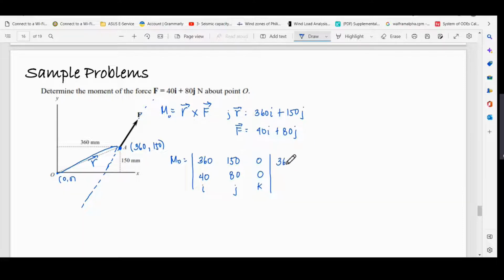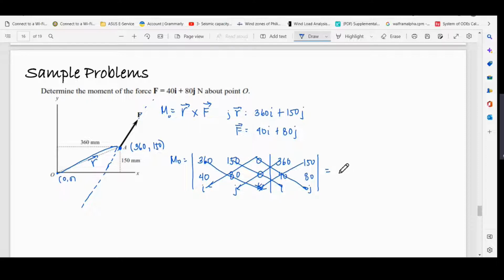Copy the first two columns. So this will be equal to the product of this one, minus product, minus the product, minus the product, di ba?